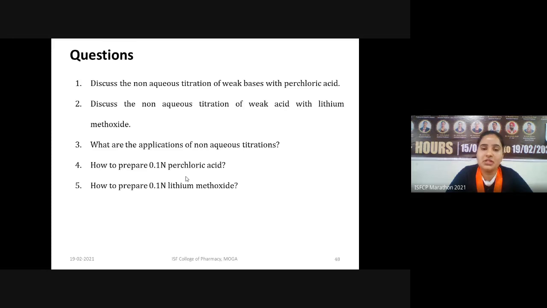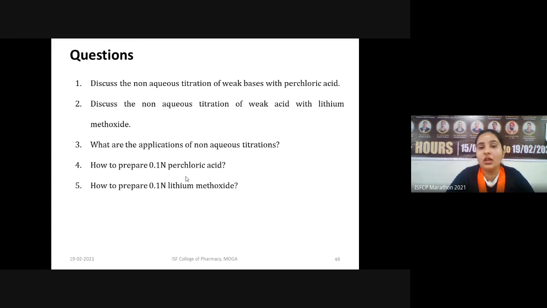In that case, we have studied that firstly we prepared the solution of perchloric acid in acetic acid. Since perchloric acid is a very strong acid as compared to acetic acid, perchloric acid is going to protonate the acetic acid and it will form onium.